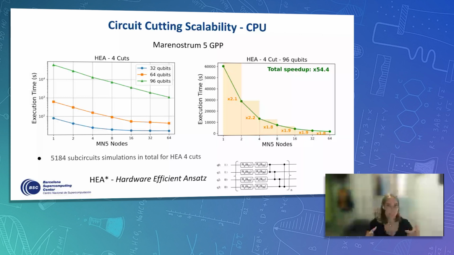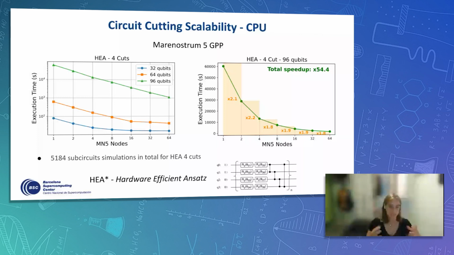So what we're running here is 5,184 subcircuits in total for the simulation, to be able to reconstruct the expected value of the original circuit. This is to understand why it is important for us to parallelize these executions. You're running 5,000 subcircuits, and if we didn't have this parallelization, it would take so long.